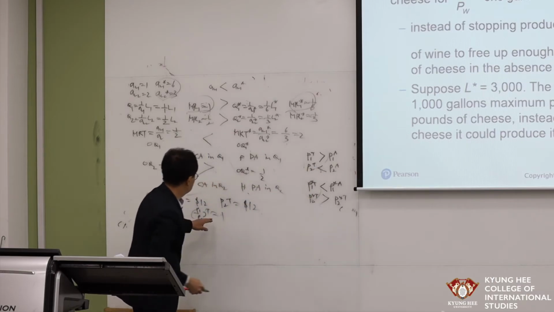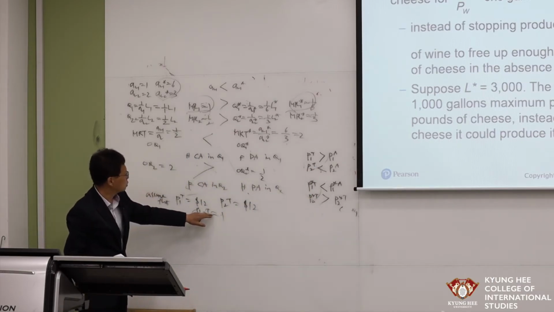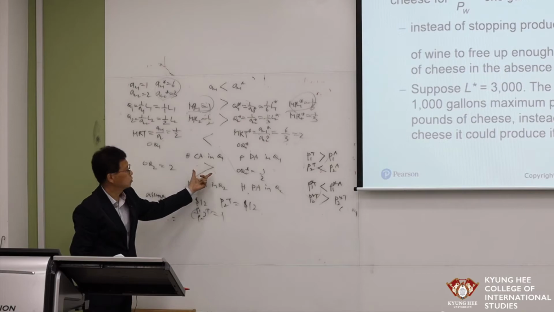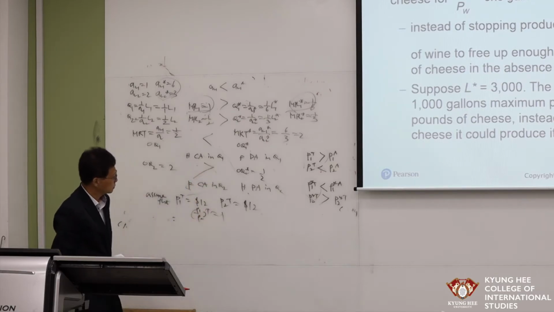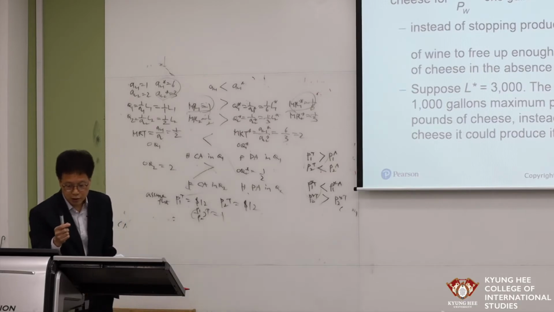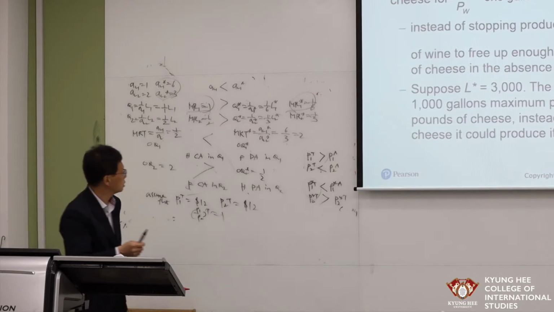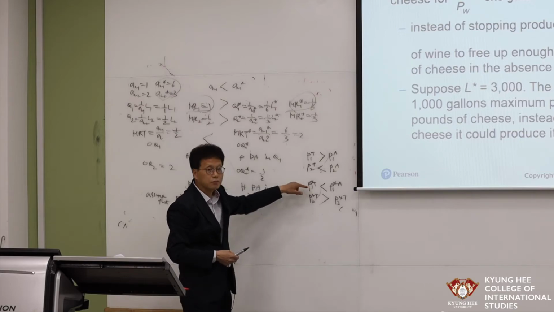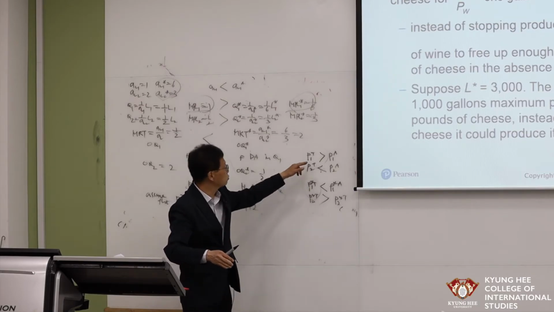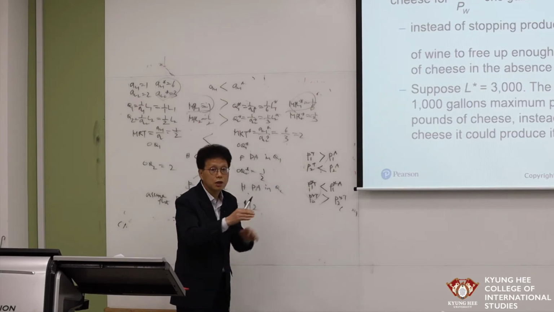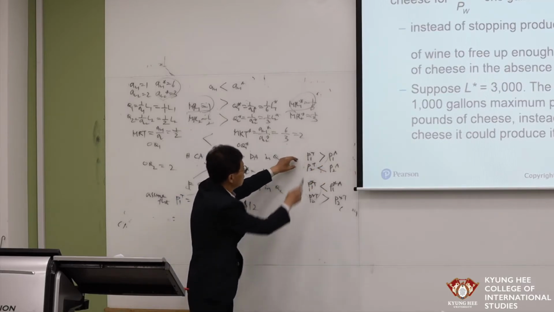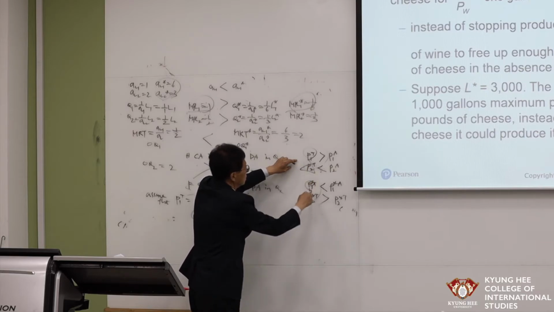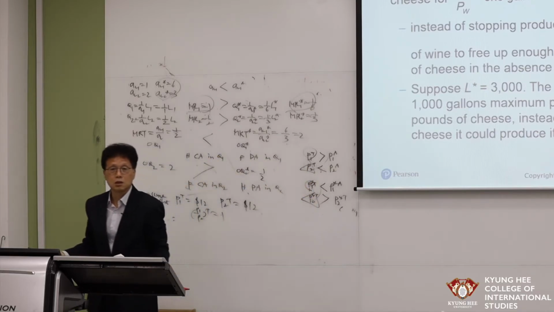Because of this, P1 over P2 after trade is in between these two. Right? And we know that after trade, the price P1T is equal to P1 star T. After trade, the price of good one in home and foreign is equalized. The price of good two in home and foreign is equalized. So this one is equal to this one. This one is equal to this one. Right? After trade.